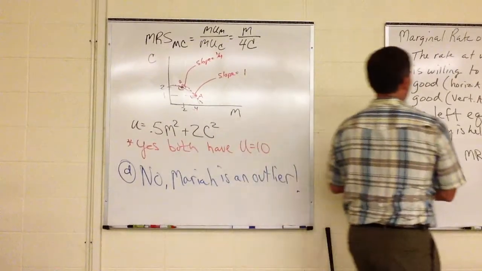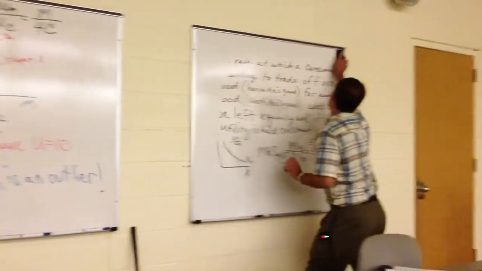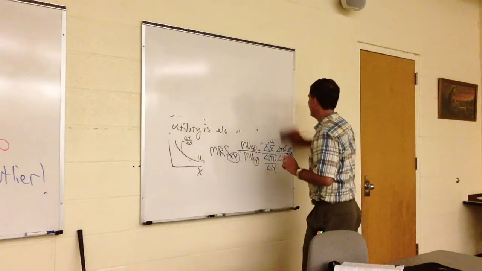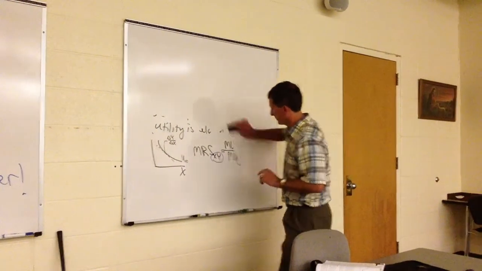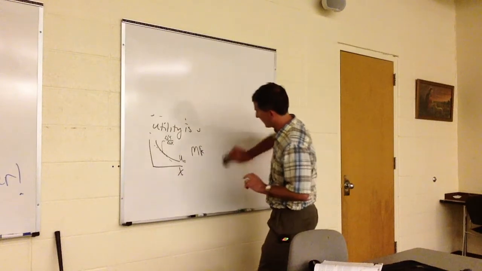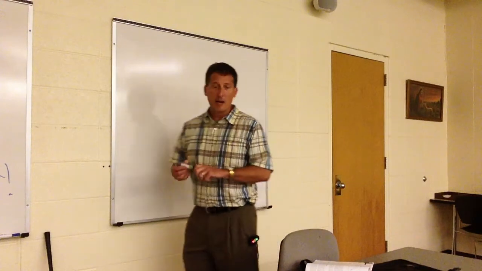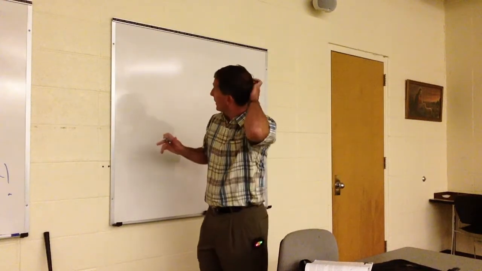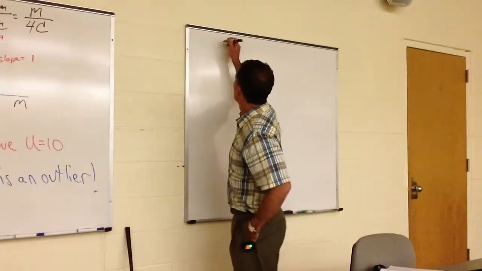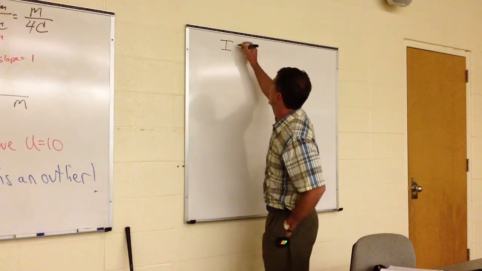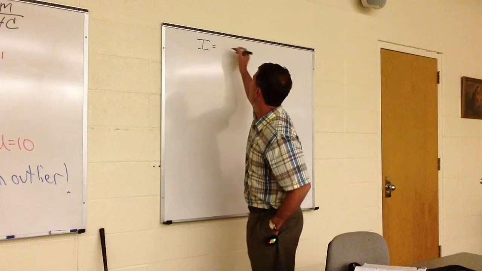Okay, getting fun here. Now we're into a budget problem. So we wrote out the budget constraint, I think last time. If we are back to, I guess, x-rays and yo-yos, I've got a certain amount of income.